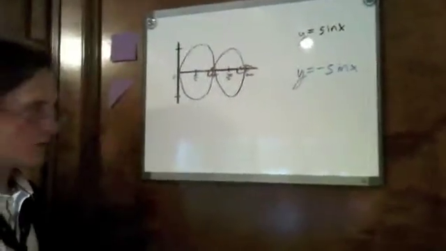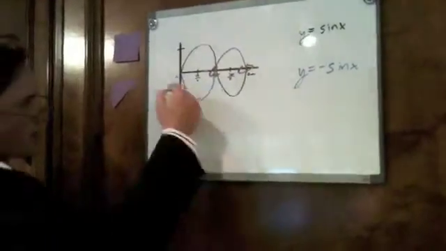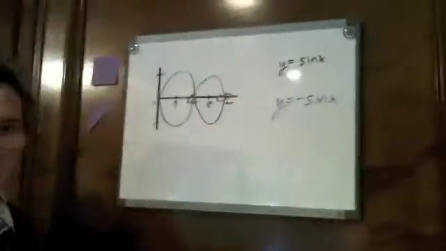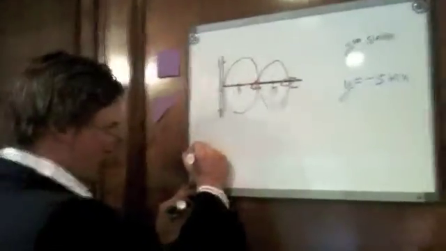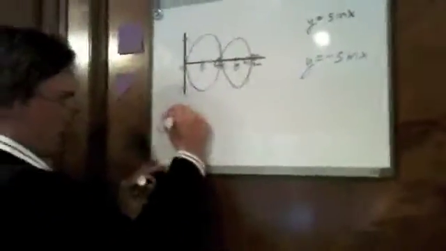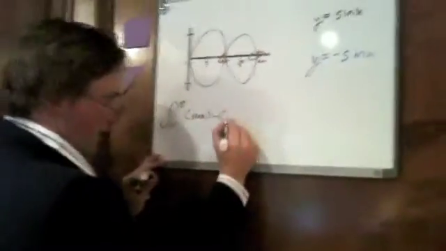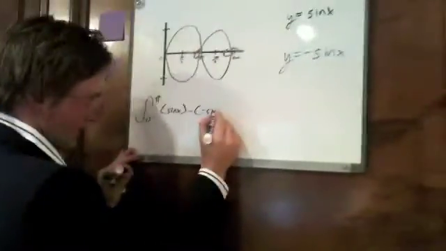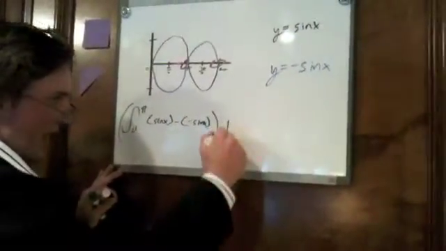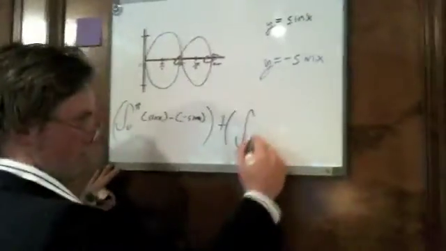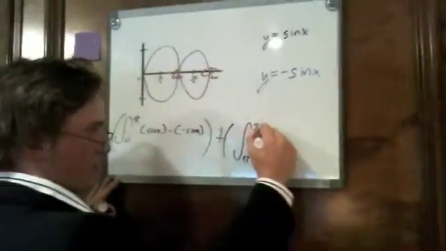So, what we're going to do is start. We know that sine of x is on top from 0 to pi. So we're going to write the integral from 0 to pi of sine of x minus negative sine of x. And after that, we add the integral from pi to 2 pi.